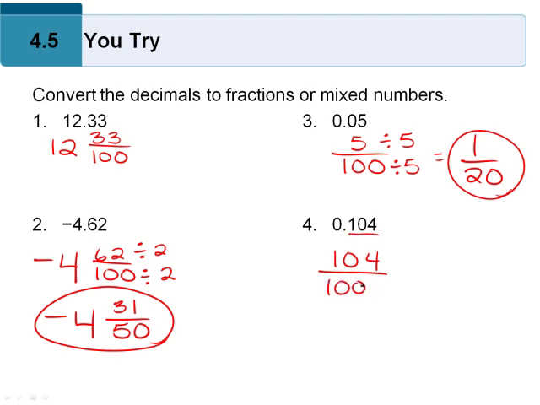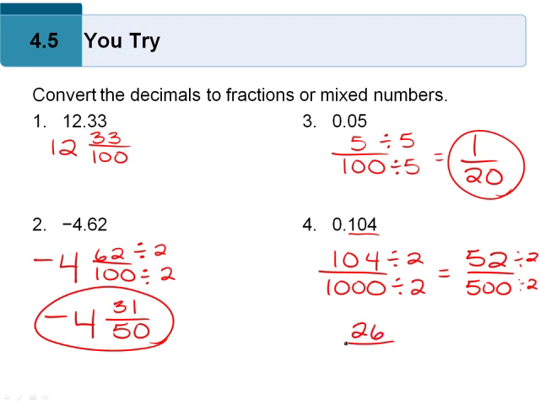And number 4, 0.104, you put the 104 on top, and there's 3 digits there, so it's going to be over 1,000. Now they're both even, so I'm going to divide by 2, the top and bottom. That would be 52 on top, and 1,000 divided by 2 would be 500. Still 2 even numbers, so I divide by 2 again: 26 and 250.